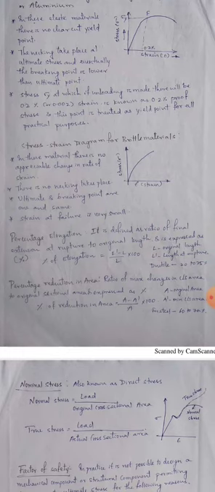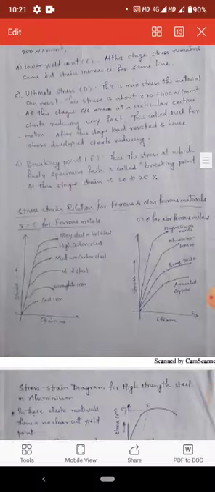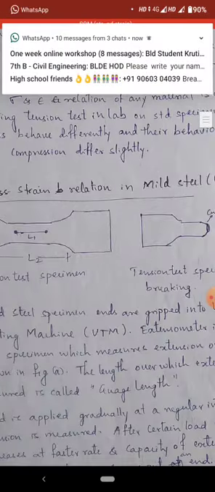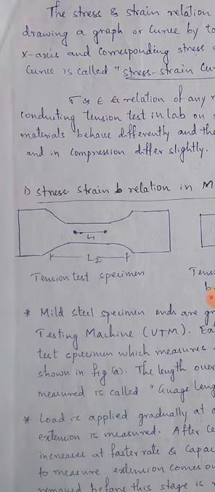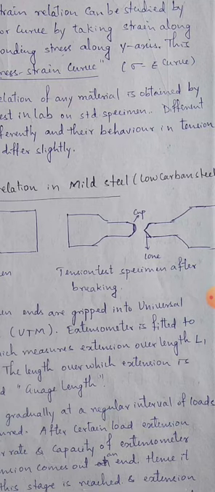And the percentage reduction in area is the original cross section area minus the minimum cross section area. If you see here, initially there is a diameter, with area pi by 4 into d square, but due to failure the diameter decreases. As the diameter decreases, the rupture or failure area is formed in the tensile specimen.